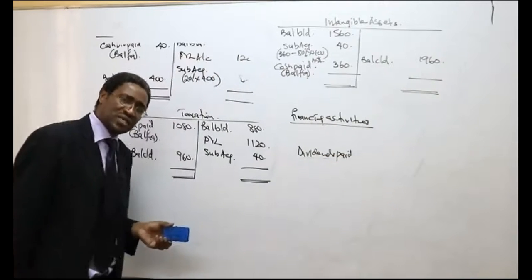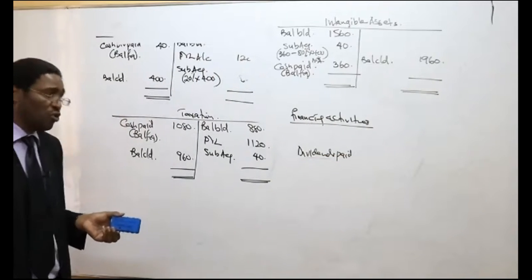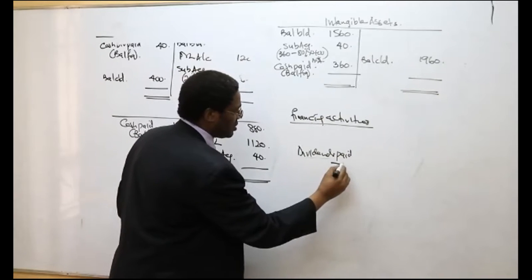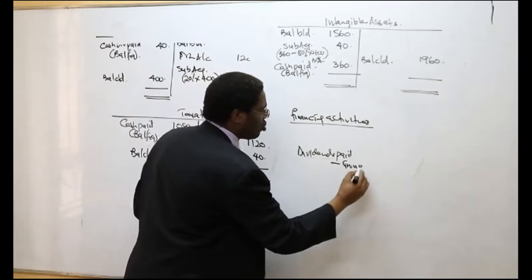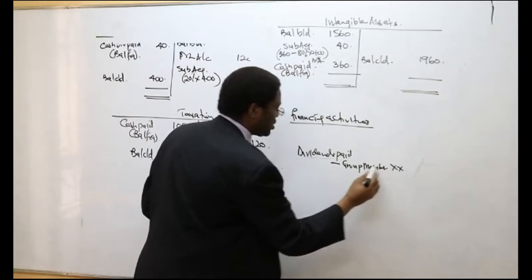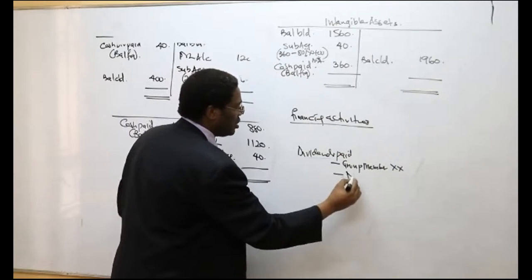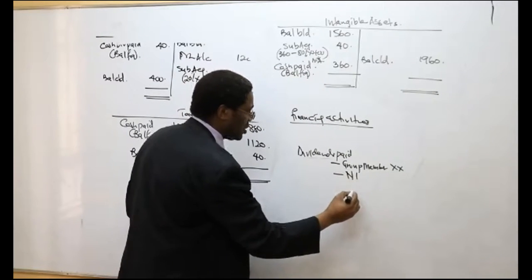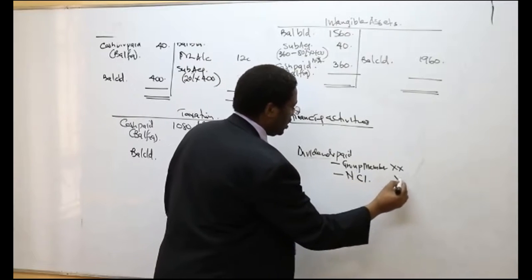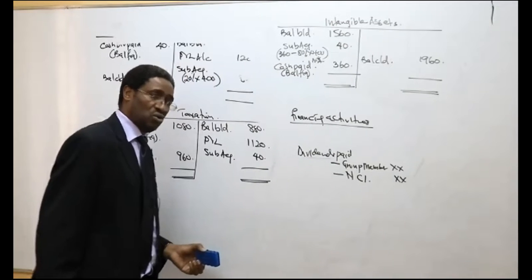We said last time, in the cash flow for group companies, there are two categories of dividends. There is the dividend you as a group pay to your own members, dividends paid to group members, whatever it is. And there's a dividend which you normally pay to the non-controlling interest, or non-controlling shareholders.